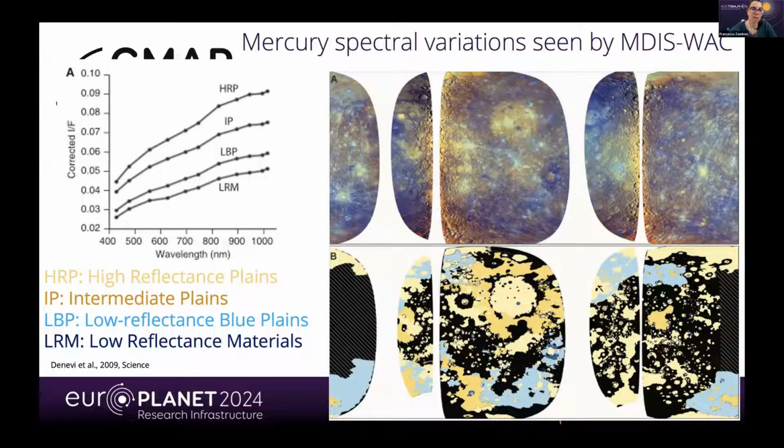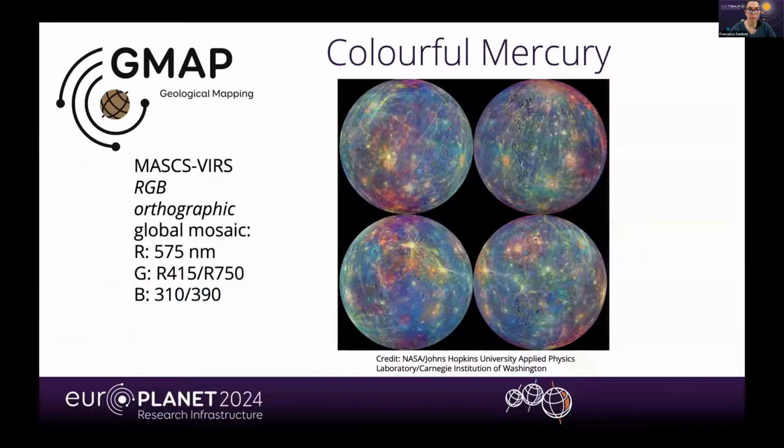And then the low reflectance blue plains are distinct from the other two because they show a lower reflectance, but also a shallower spectral slope. So just looking at this RGB combination, you can identify the spectral differences of different terrains on Mercury. Not only on Mercury, you can do this for sure for other bodies also.